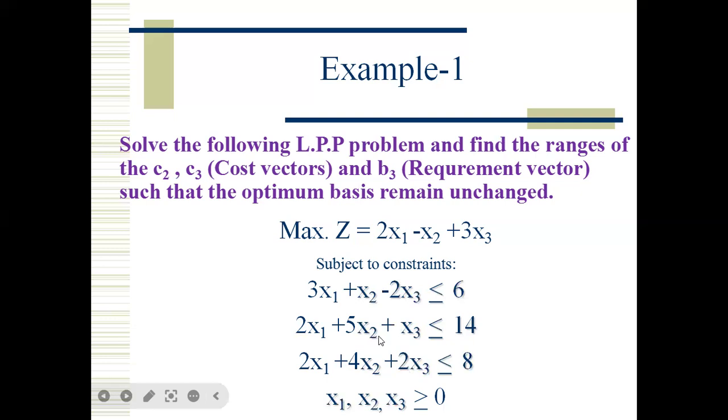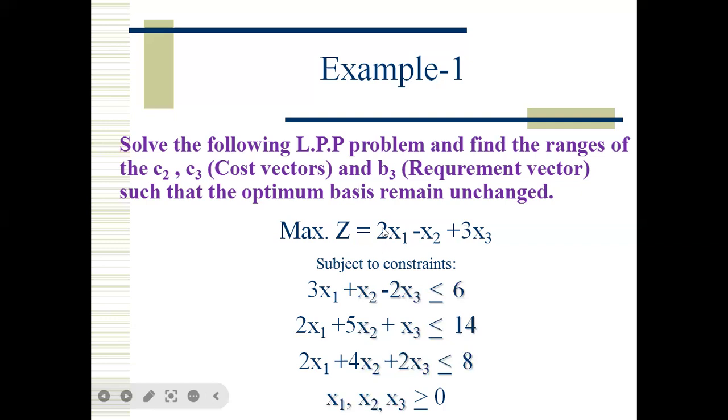These three constraints have three decision variables x1, x2, x3, with non-negativity restrictions. Here c1 equals 2, a positive cost, c2 is -1, and c3 is 3, the third cost vector.